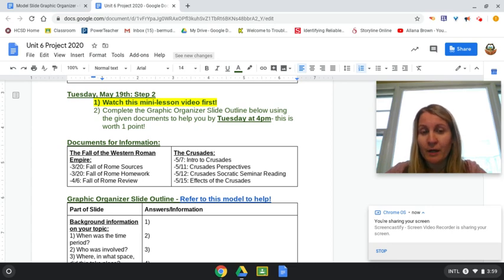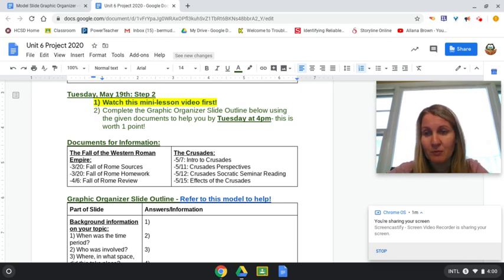To get your information to fill in the graphic organizer below, you need to use the documents listed there. For the fall of the Western Roman Empire, you can use the documents Fall of Rome Sources from March 20th, Fall of Rome Homework, also from March 20th, or Fall of Rome Review from April 6th.